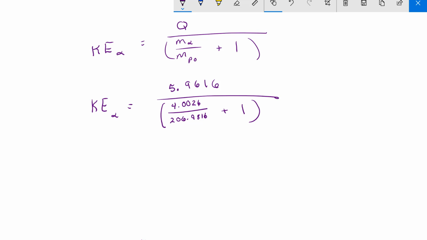End of quantity. Be very careful entering it into your calculator. Be sure and use parentheses. Watch out for order of operations. You do it all correctly, and you should get the kinetic energy of the alpha particle is equal to 5.8485 mega electron volts. Voila.